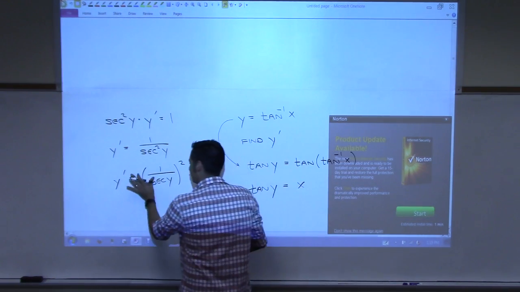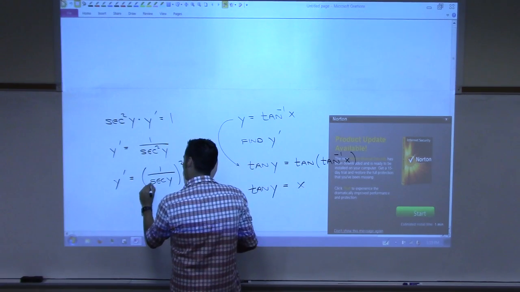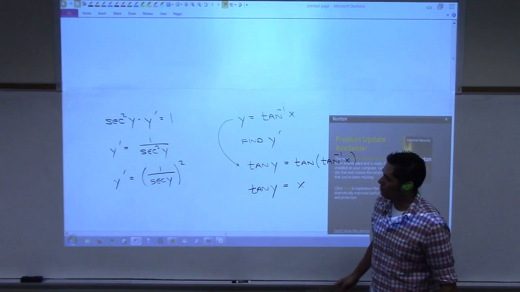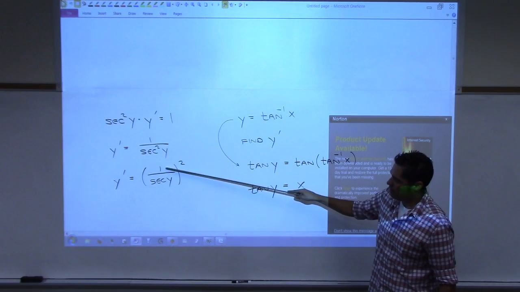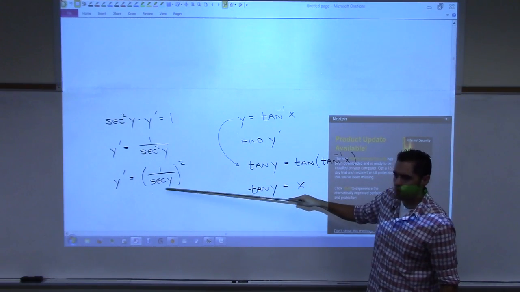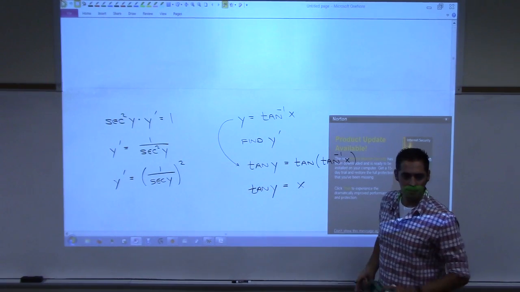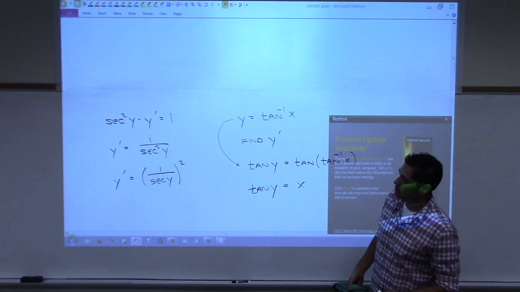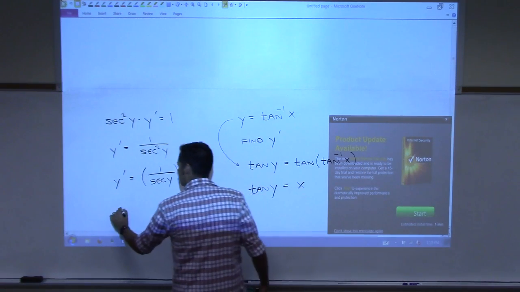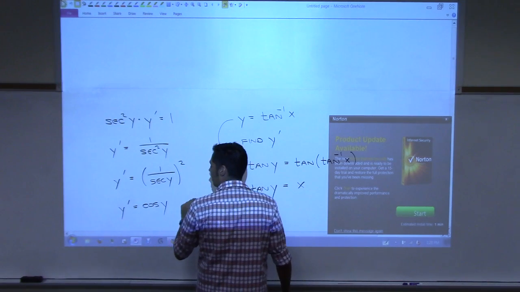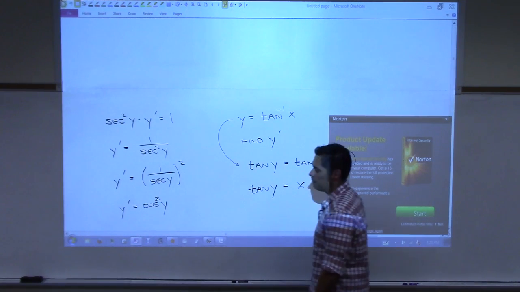If I square 1, I get 1. If I square secant y, I get secant squared y. What is 1 over secant y? Cosine y. So this is cosine y squared, right? So I'm going to put squared there.